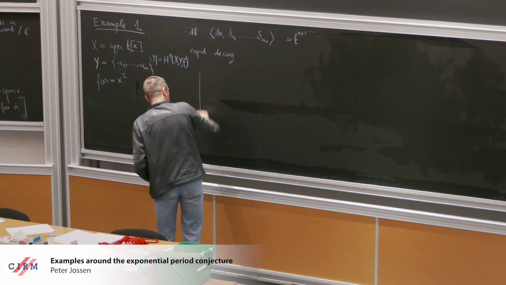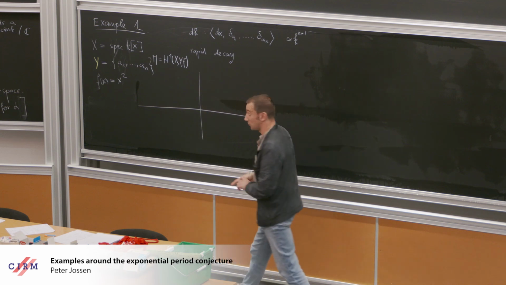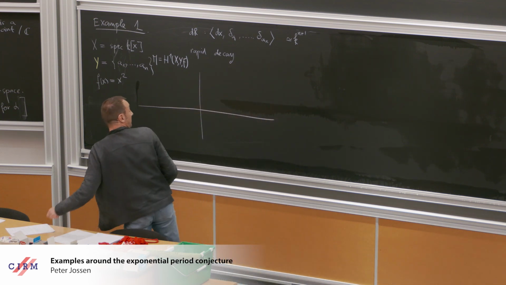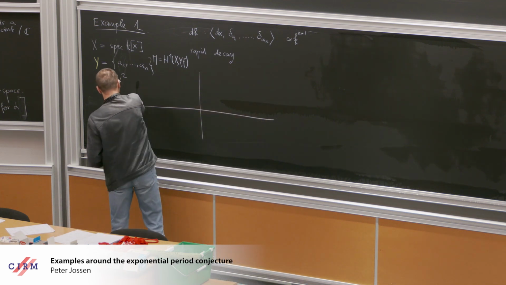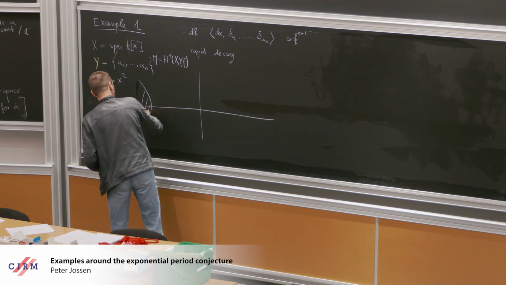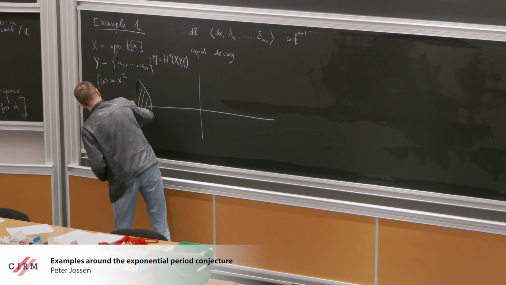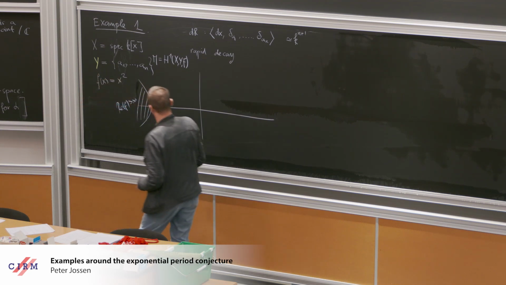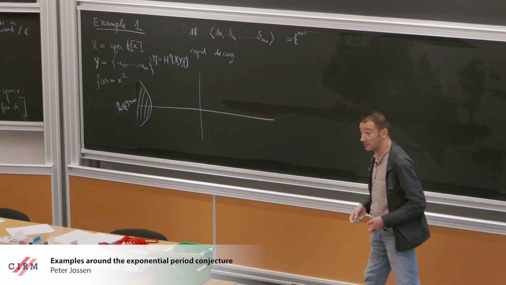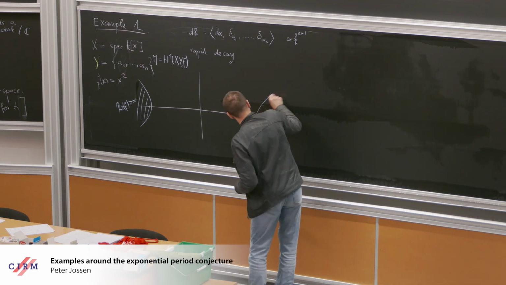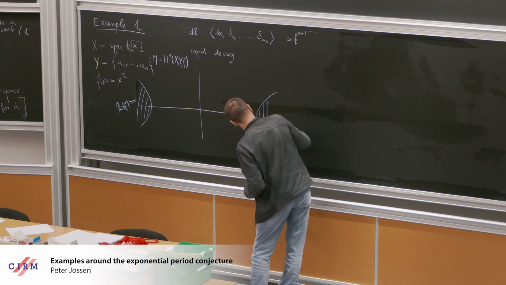I will make the picture. So this time, the real part of f is large when x is real and negative, somewhere in that direction, and also here.